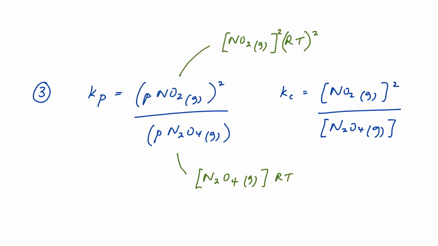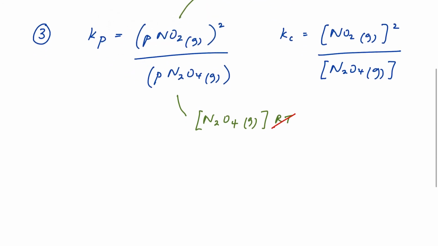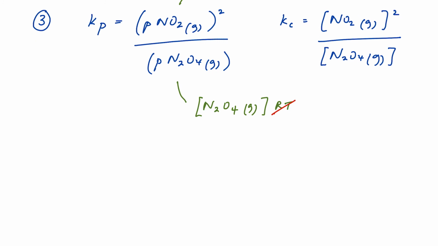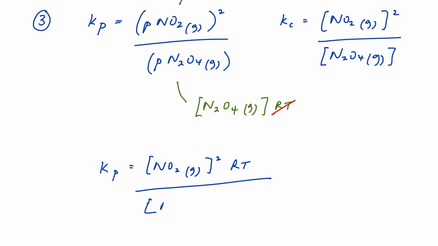I have RT both above and below the line, so one of those is going to cancel out. So we now have an expression that tells us that Kp is equal to the concentration of NO2 to the power of 2, times RT, over the concentration of N2O4.